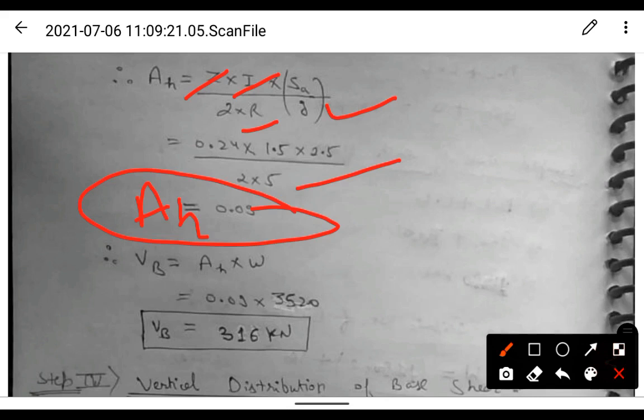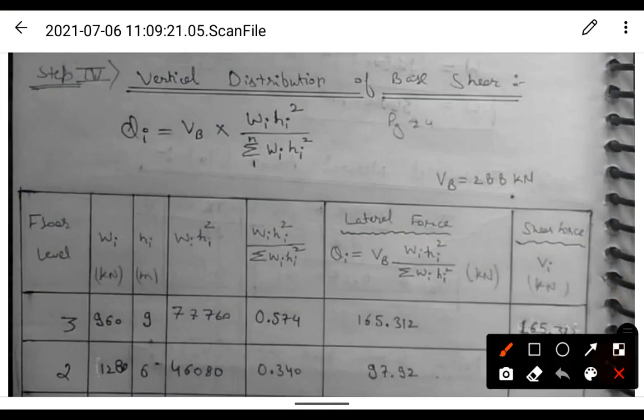Now we have found the value of Ah, that is 0.09, and we already have found the value of seismic load, that is W. After multiplying both these, after calculating our three steps, the fourth step is vertical distribution of base shear.